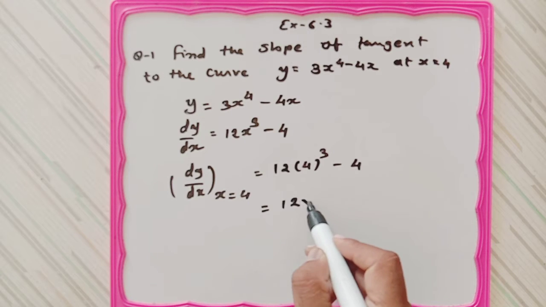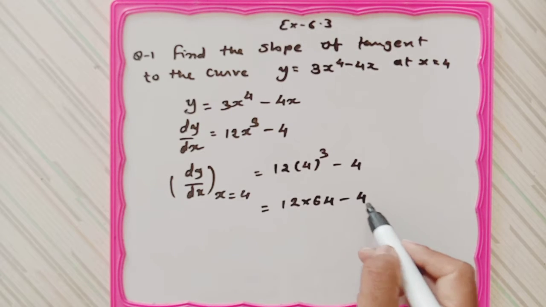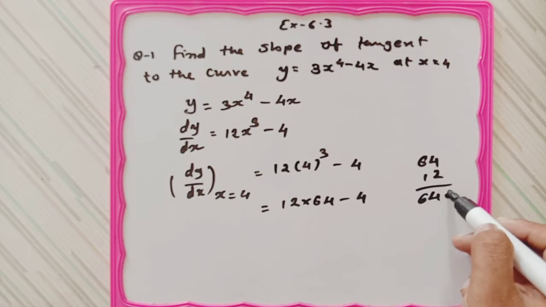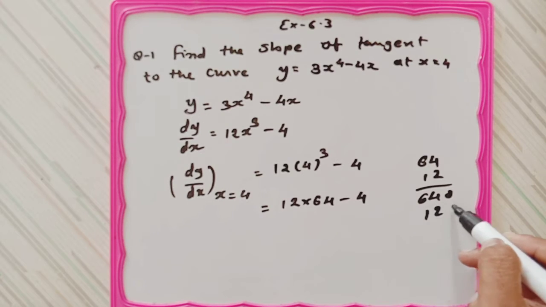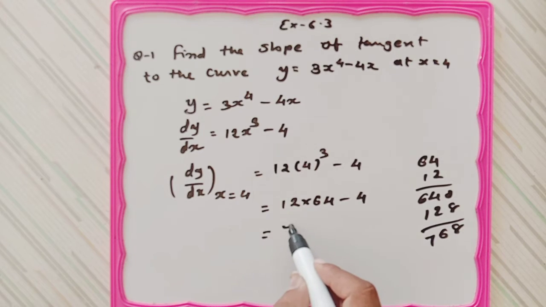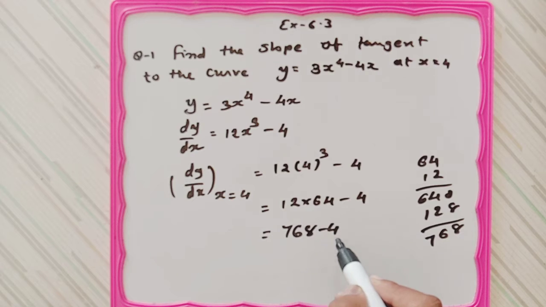So 12 into 64 minus 4, which is 768 minus 4, that is 764.